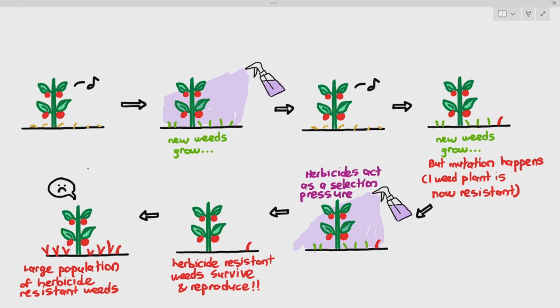The overuse of herbicides to kill weeds will eventually lead to a population of herbicide resistant weeds that may happen due to the random mutation of the weeds. All it takes is for one of the weed plants to mutate, and then you have a big problem. So now when you spray the herbicides, the weeds are not dying, your crop plant is not dying, and you're back to square one where they are all competing for water and minerals.